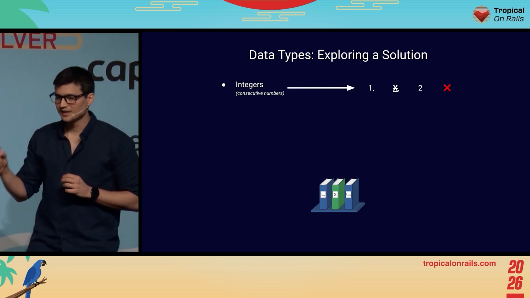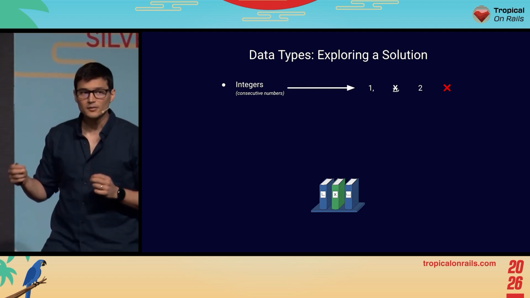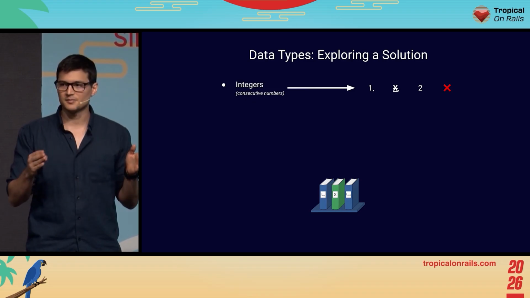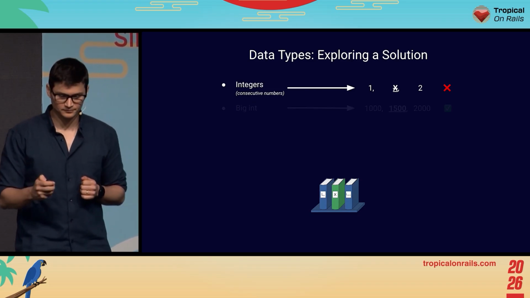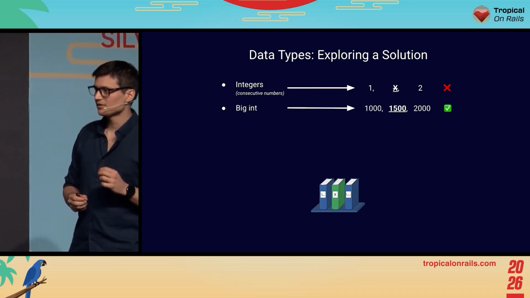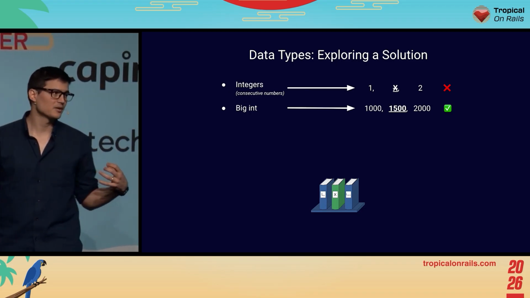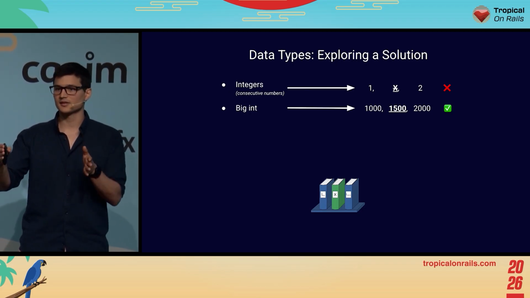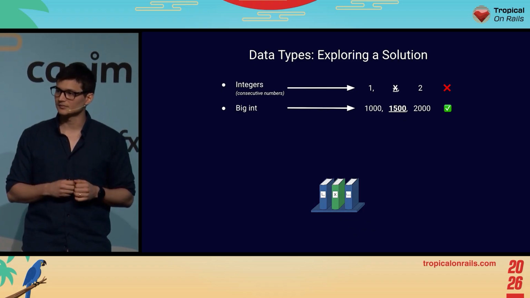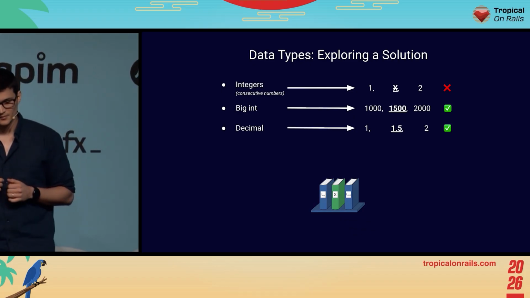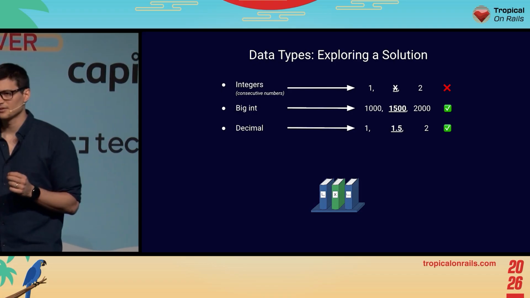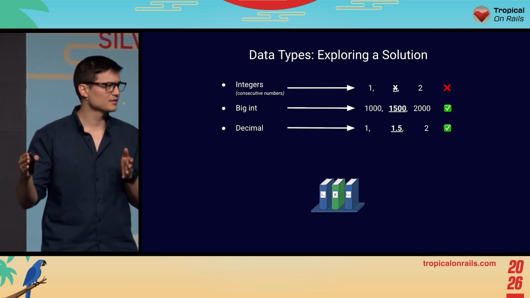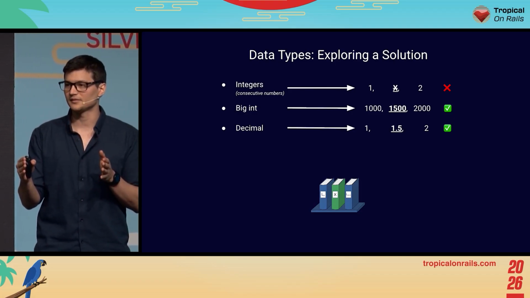There are other great data types that work pretty well for this and follow the idea of spacing: book A, space, book B. We can use big integers, and we can have large, non-consecutive numbers: 1,000, 2,000, insert in between, 1,500. We can use decimals: 1, 2, insert in the middle, 1.5.